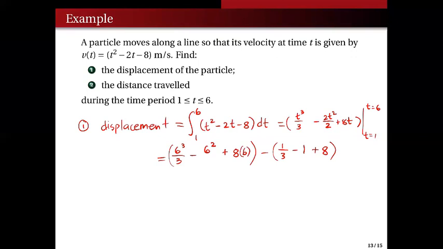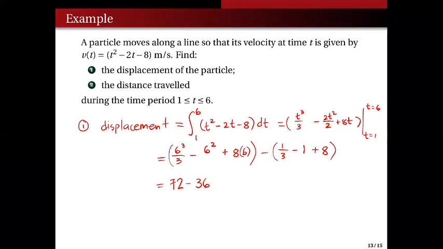If we simplify, 6 cubed over 3 becomes 6 squared times 2, 6 squared is 36, times 2 is 72.